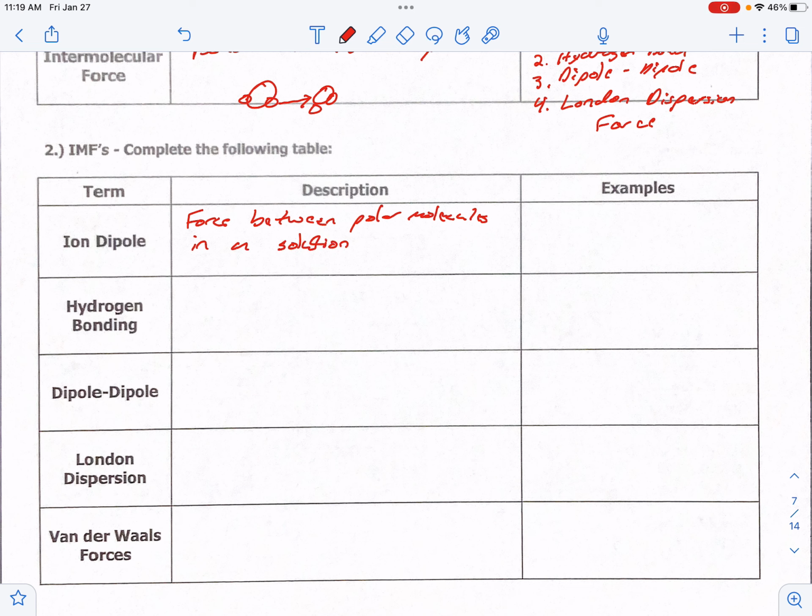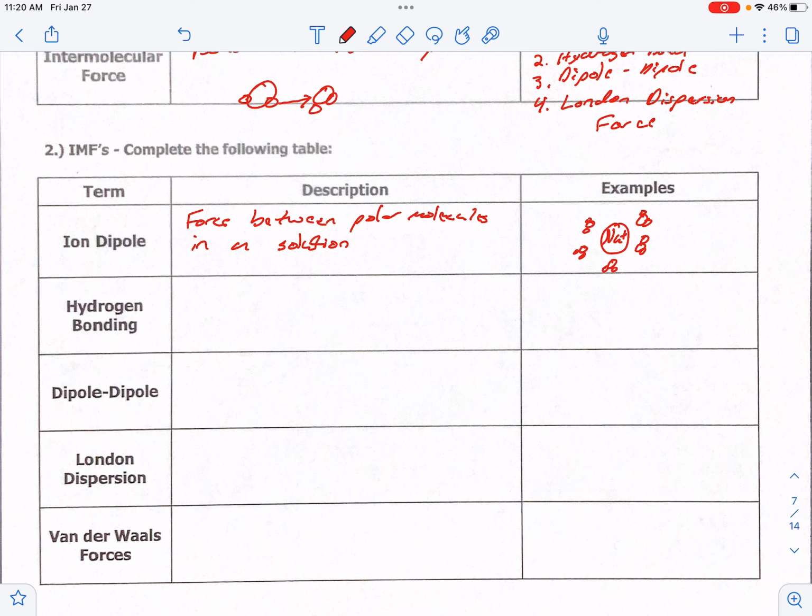I usually try to think about salt water for this one. On our slides, we had a picture with a sodium particle in the middle. Then you had all these polar water molecules attracted to that positive ion. The ones going around it are just water molecules. It's not the best drawing, but you kind of get the point.